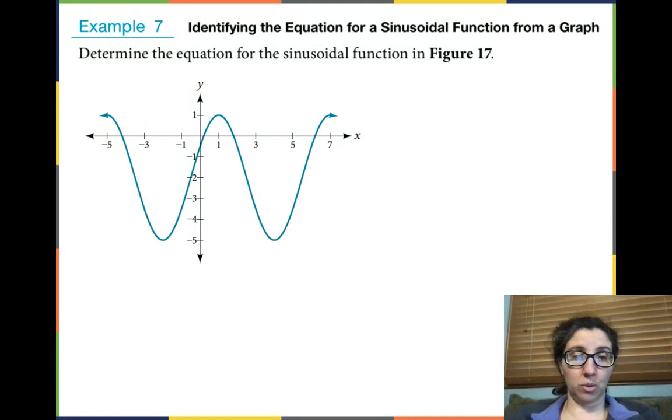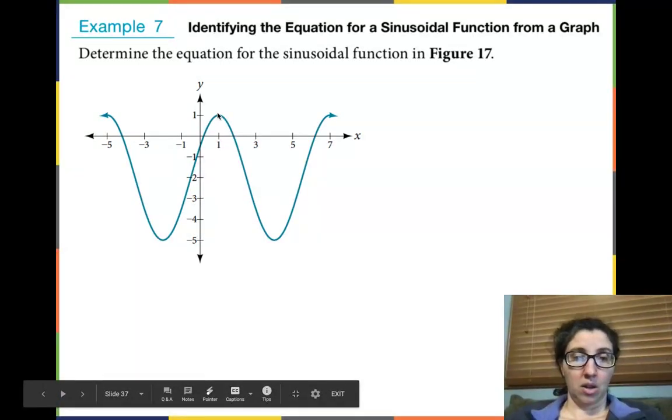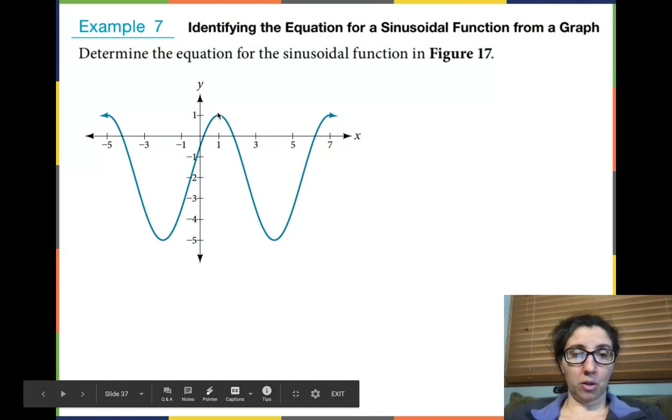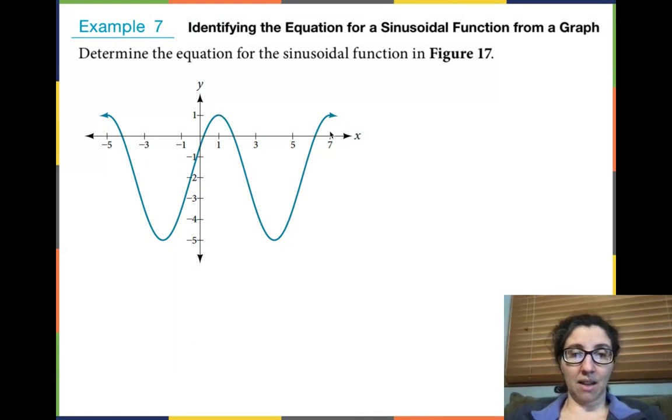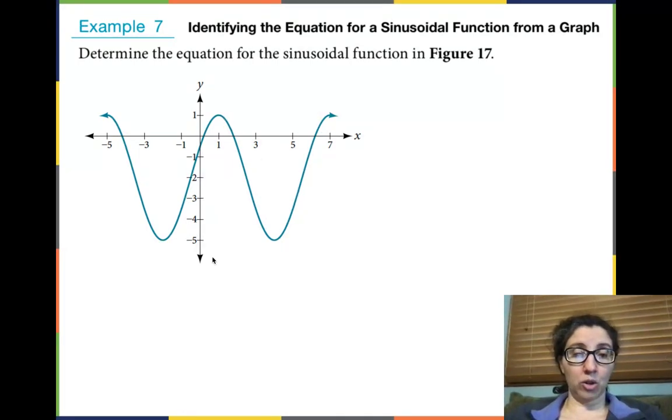All right, let's do this one. Determine an equation for the sinusoidal function. Okay, how can we do this? Well, let's see. It looks like the period starts at 1 and ends at 7, right? So it looks like it has period 6. And the whole thing goes from -5 to 1.